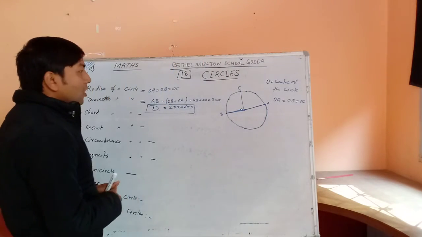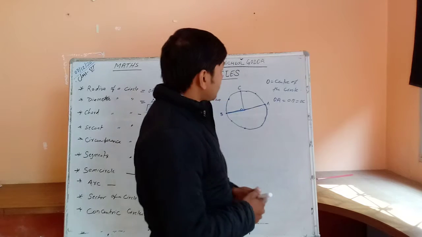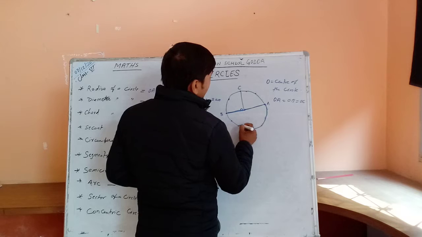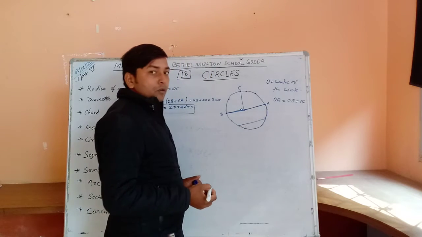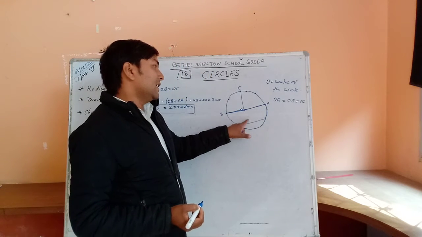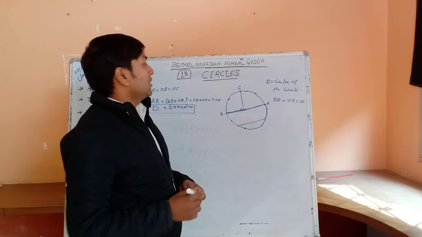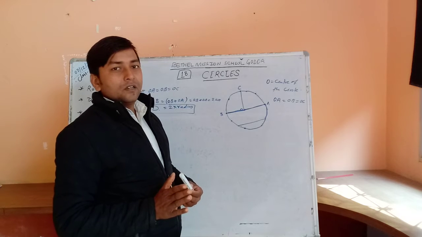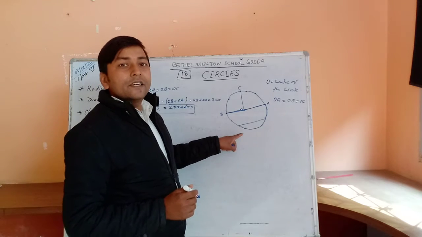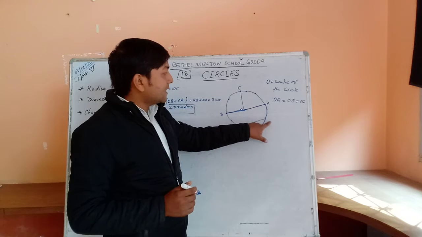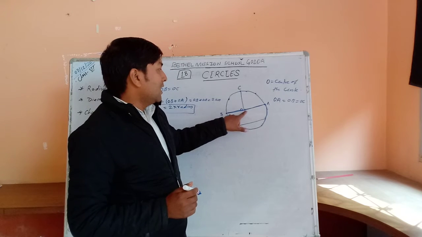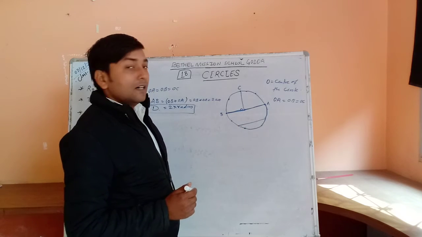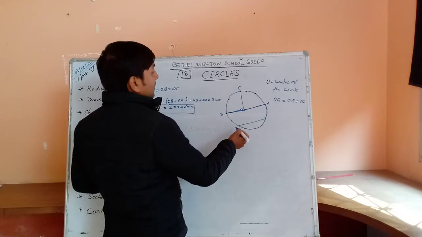Now we talk about the chord. The line which touches the circle at two points but does not pass through the center is called a chord.